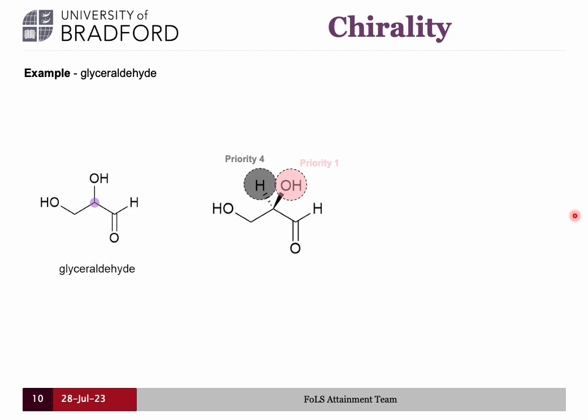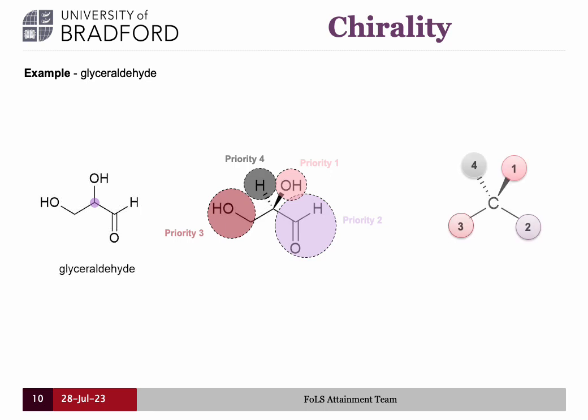This makes this substituent here priority number 2, and then we get priority number 3 for this carbon. Altogether represented in terms of priority, we get this. And now we need to follow the numbers and see if the direction is clockwise or anti-clockwise. In our case here, it's going clockwise, so the stereocenter is designated as R.